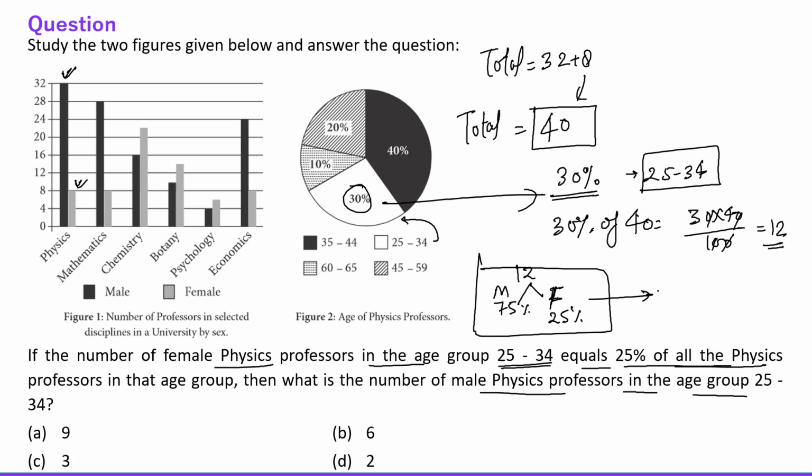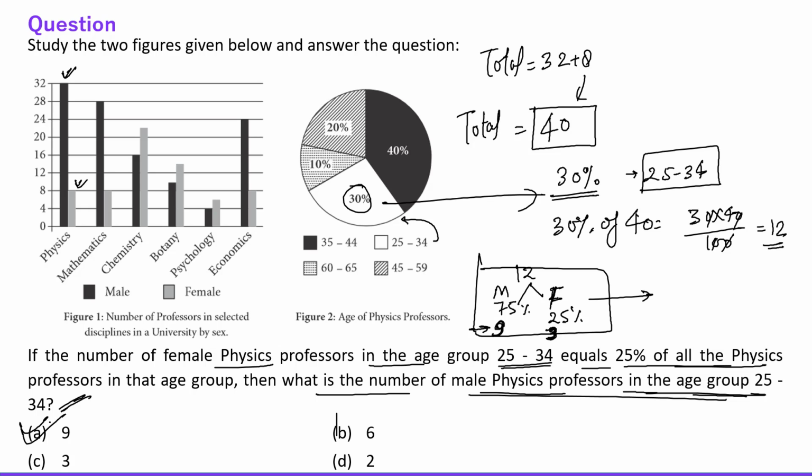So obviously 75% of 12 is 9 and 25% of 12 is 3, right? So what is the question? The question is, what is the number of male physics professors in the age group of 25 to 34? The answer is 9, right everyone? Total 9 male professors are there in the range of 25 to 34 age group.